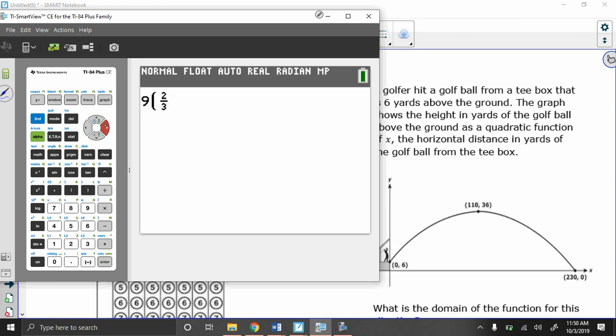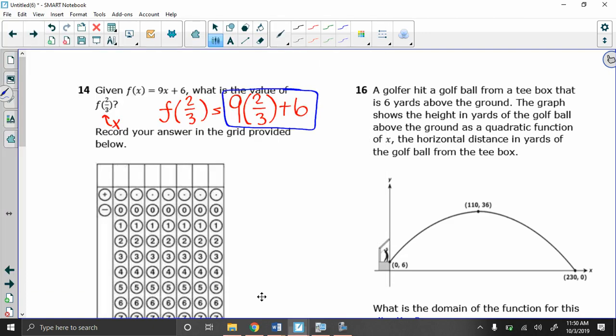We need to right arrow out, close parentheses, and then add 6. Press enter and we get 12. So 12 would be the correct answer for this function. So it was positive 12. And then fill in the griddable like so.